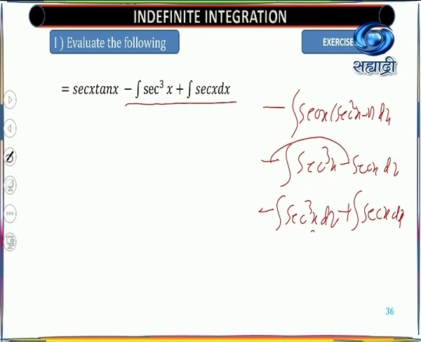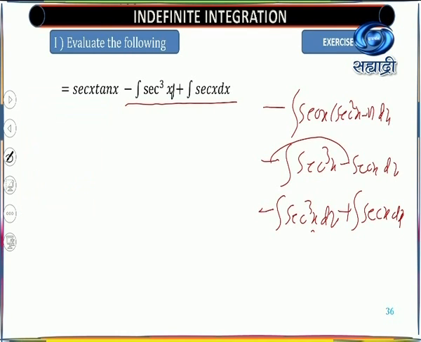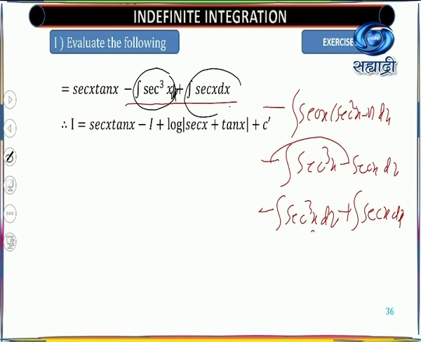But what is the integration of sec cube x dx? The integral of sec cube x dx is nothing but I again. So I will write it here as I. So what I get here is I equal to sec x tan x minus I plus log of mod of sec x plus tan x plus constant of integration, using a formula I have.